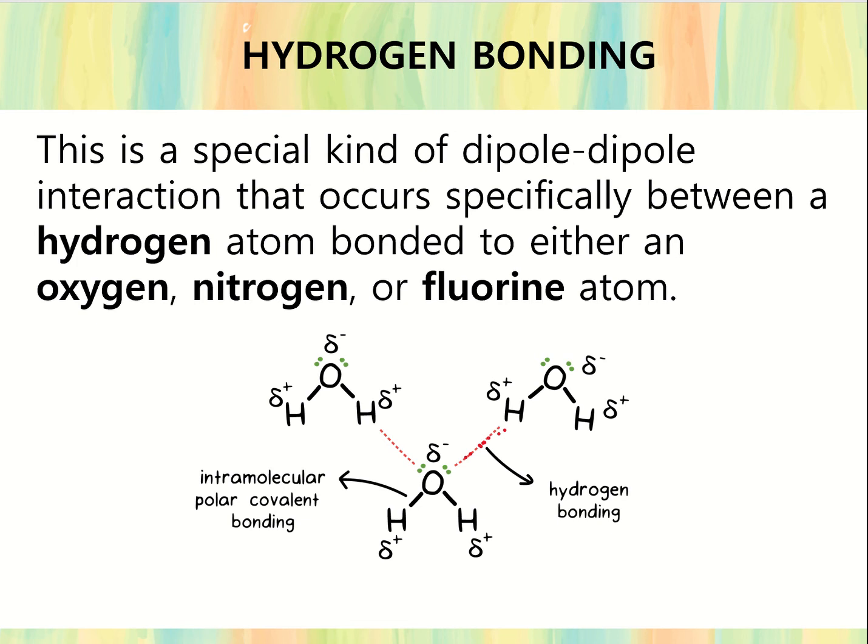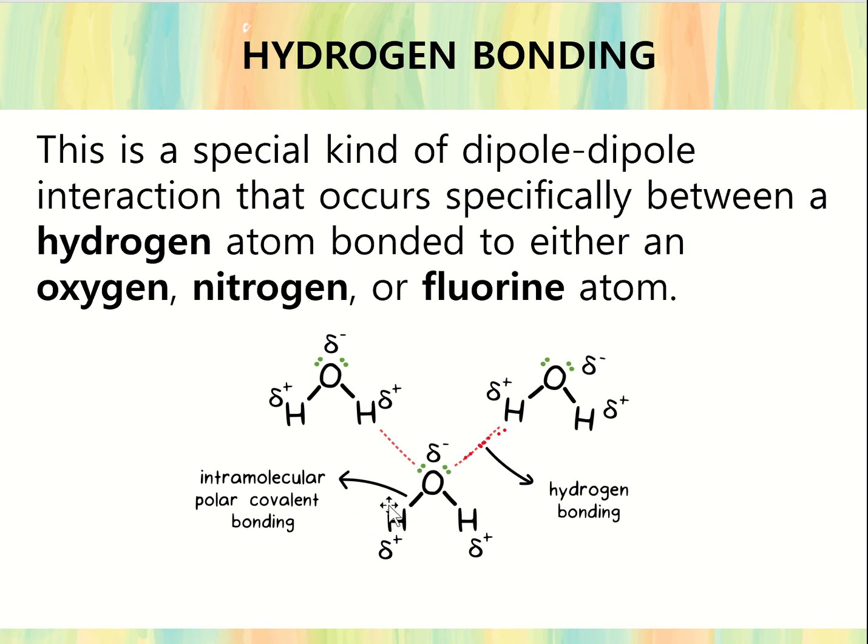One intermolecular force that we need to be familiar with is hydrogen bonding. This is a special kind of dipole-dipole interaction that occurs specifically between a hydrogen atom bonded to either an oxygen, nitrogen, or fluorine atom.